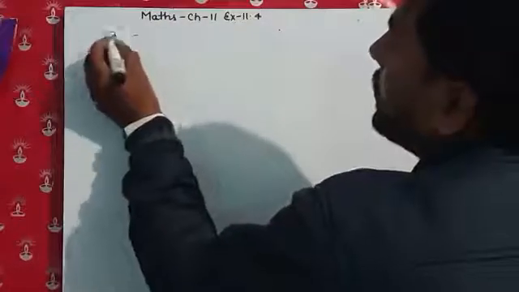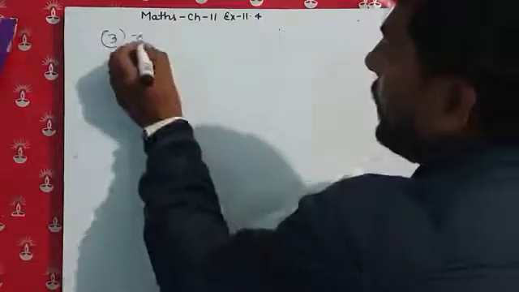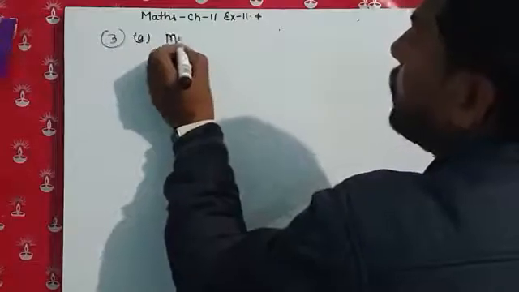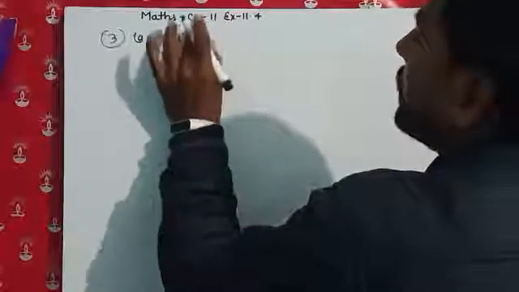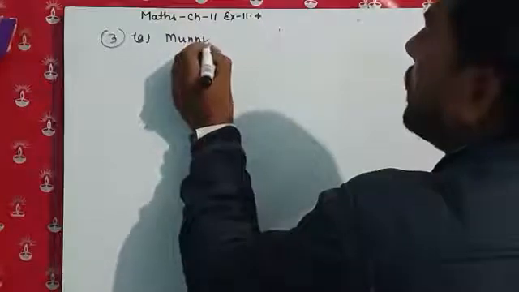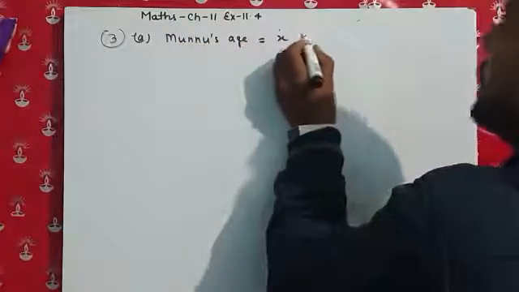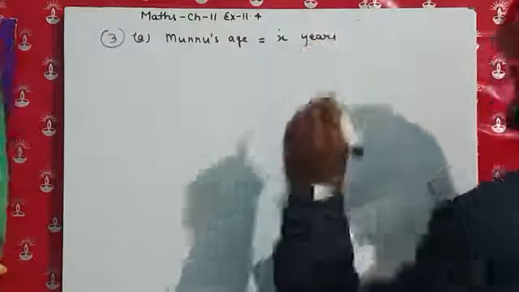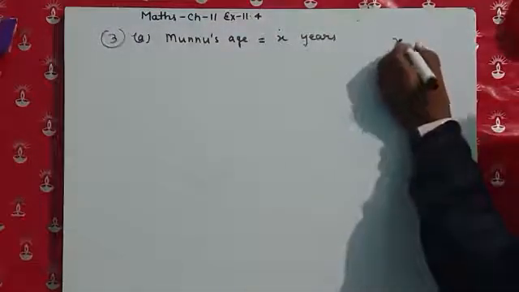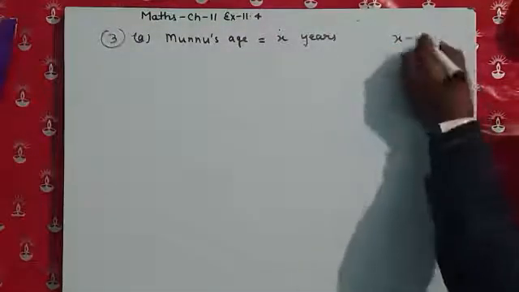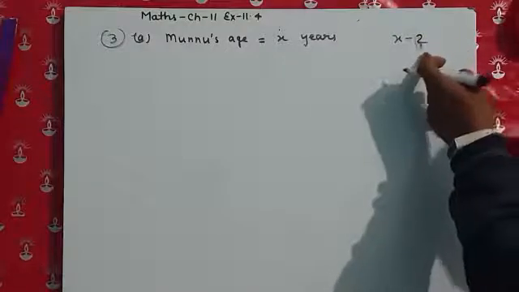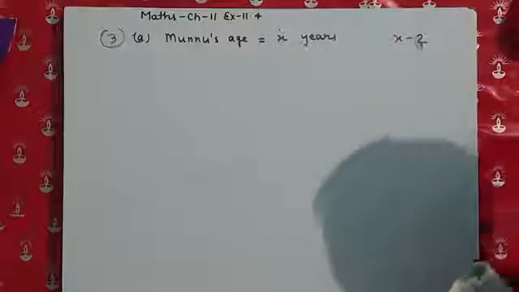Here in question number 3, part A, it is given that Munnu's age is x years. And the question is asking what is the meaning of x minus 2? So that means simply this is the age 2 years back.